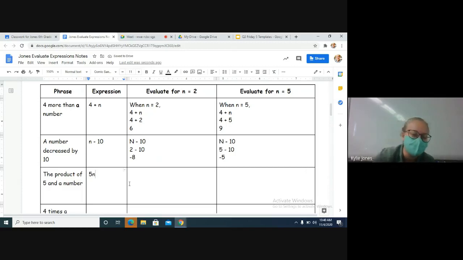Remember that when you see a number smushed together with your variable, it just means to multiply. There's an invisible multiplication symbol in between. 5n, 5 times n is what it's saying here. The product of 5 and a number is 5 times n. 5n.